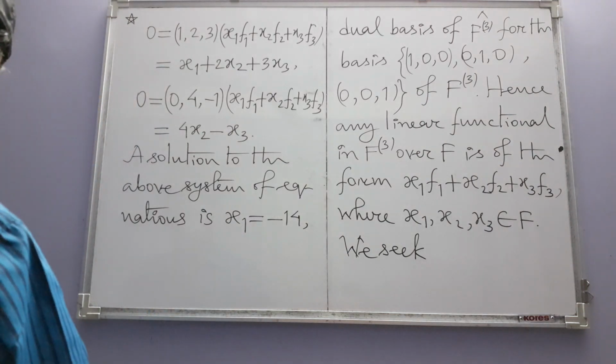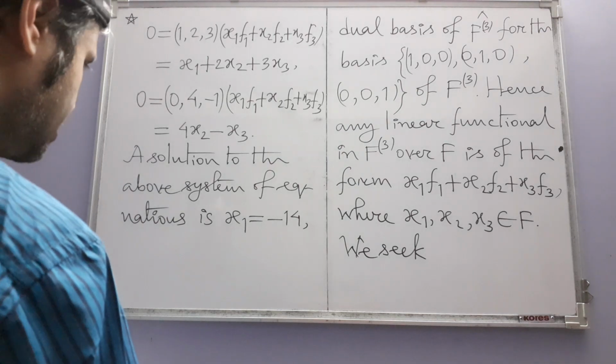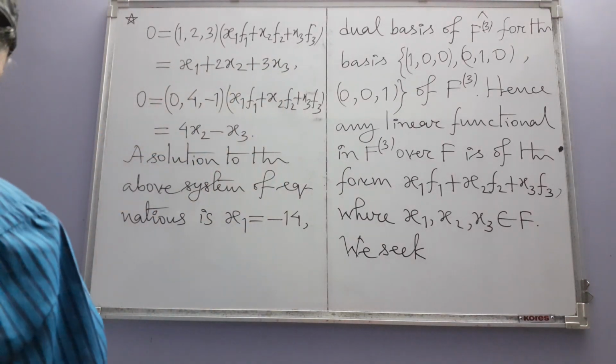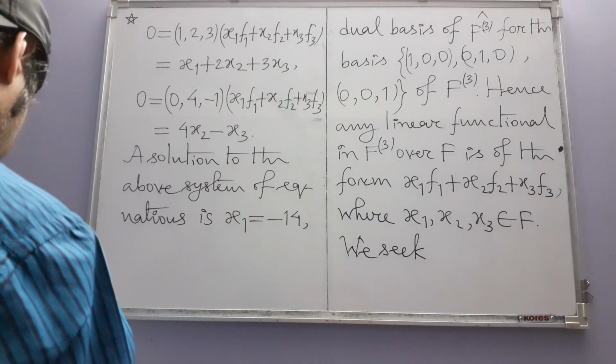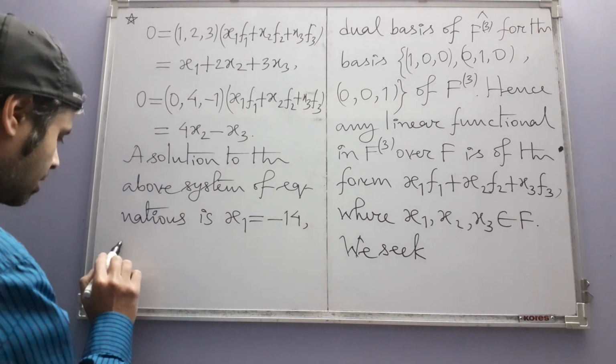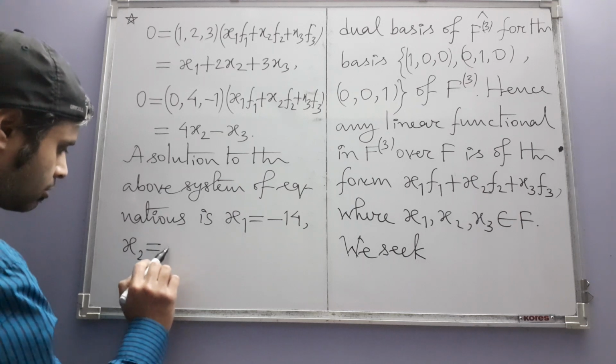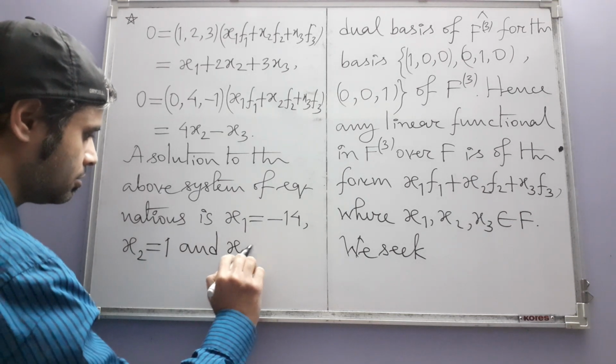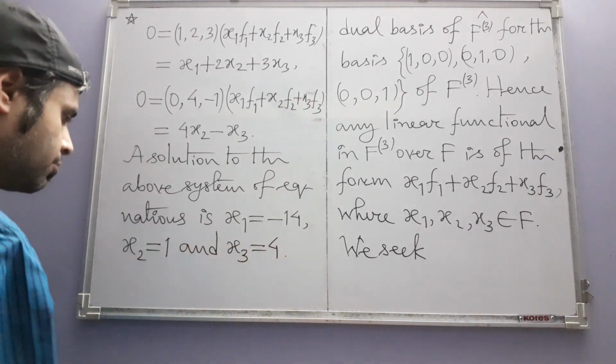We just want a solution in which not all the 3 xi's are simultaneously 0. x2 is 1 and x3 is 4.